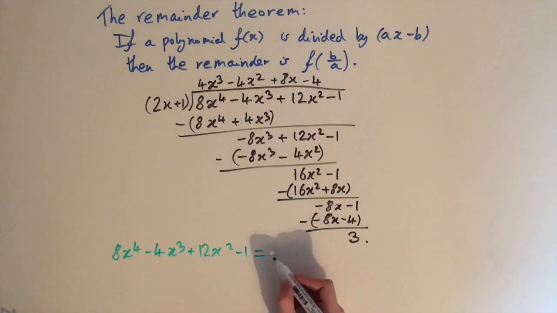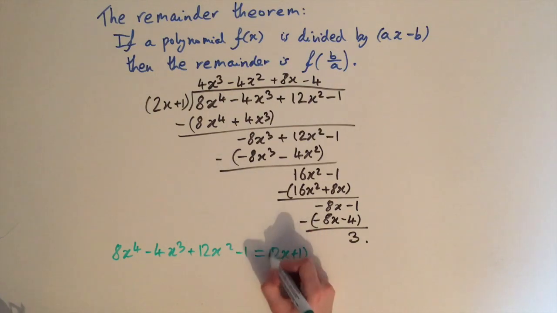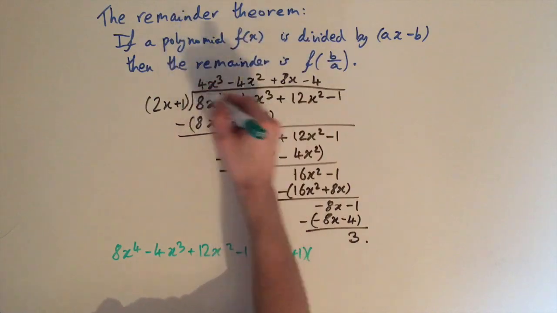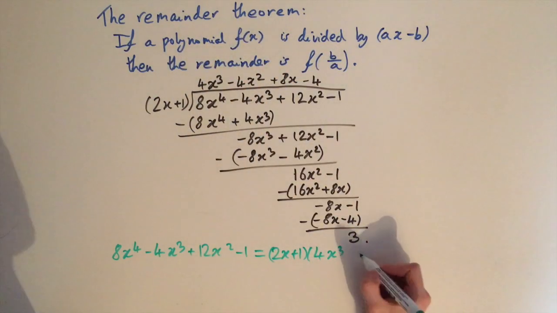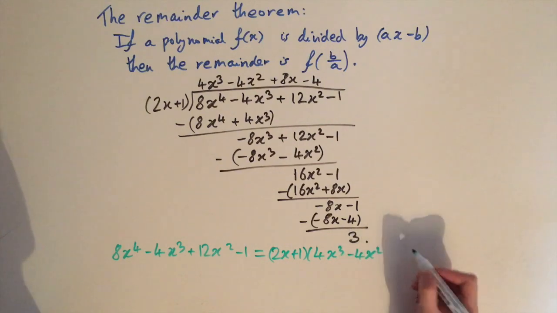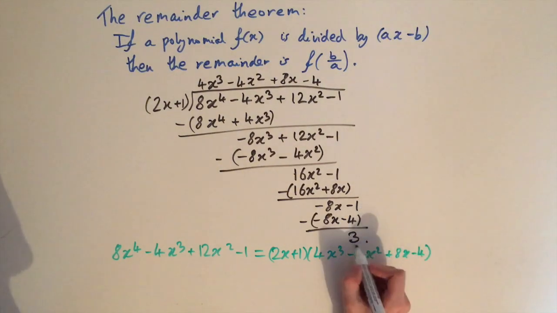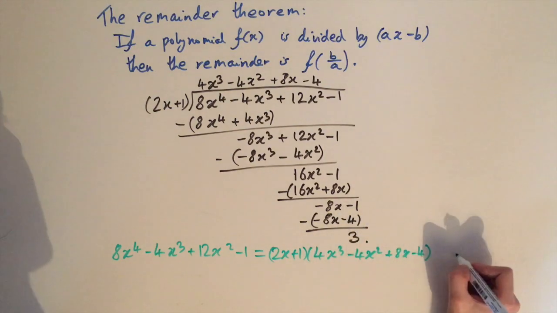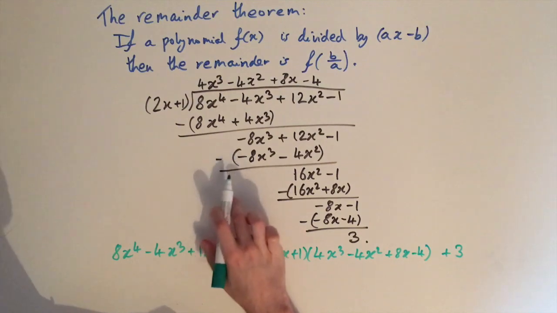And from this calculation, we can factorize this as 2x plus 1 times our answer, this cubic, which is quite long, 4x cubed minus 4x squared plus 8x minus 4. And we have a remainder of 3, so we have plus 3. This is exactly what our calculations tell us.